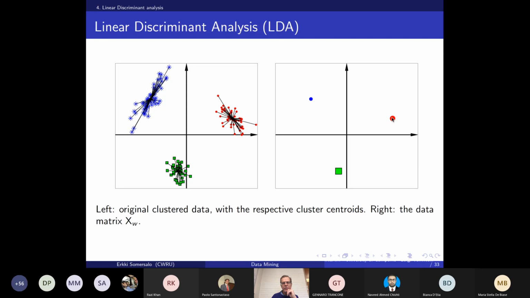The red dot is repeated as many times as I have red points in the cloud, and the green one similarly. So this is really a boring data set, because it's just repeating 3 different vectors. But the information is now how many times these vectors are being repeated. And so that gives different weights for these 3 clusters. If you have a big cluster, there's lots of repetitions. If you have a small cluster, there's less.